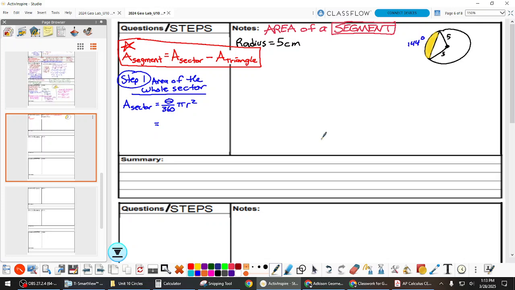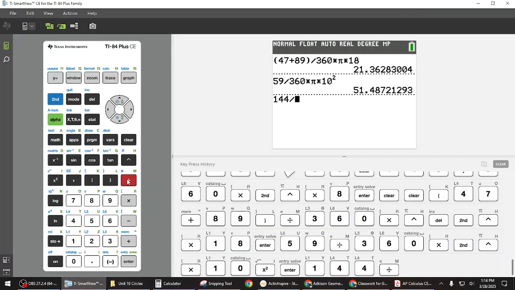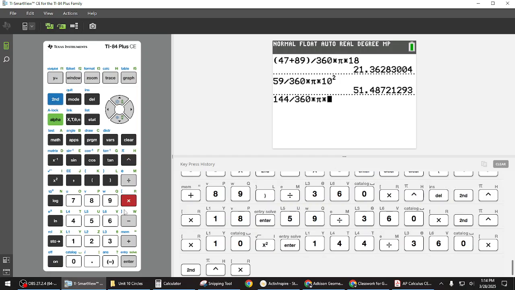So just stick 144 degrees on there. That would be given. It's not like we're just making it up. So let's fill out our formula with 144 out of 360 times pi times 5 squared. And when you're ready, go ahead and put that in your calculator. So 31.4. Okay?